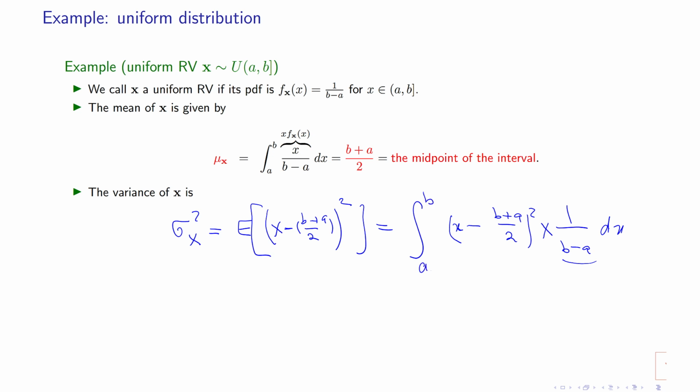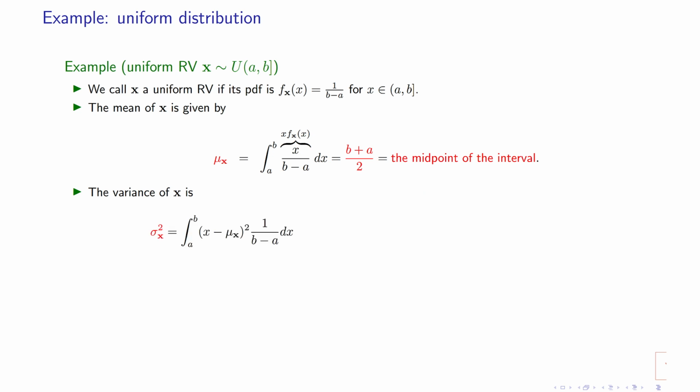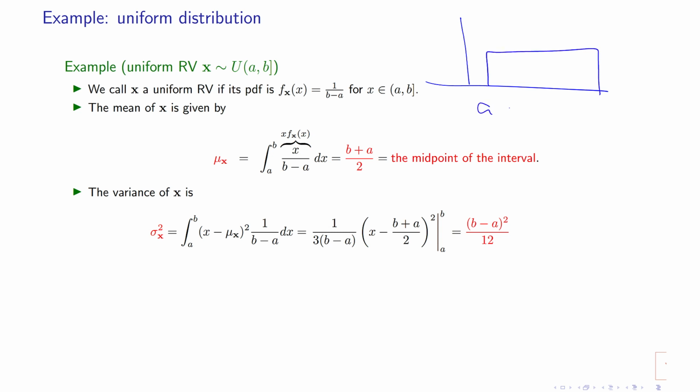Now you use your calculus, you go step by step, and you calculate this integral. If you calculate and simplify it, you get (b minus a) to the power of 2 divided by 12. So what we got here is that the distribution was here, a, b, and the expected value was a plus b divided by 2.